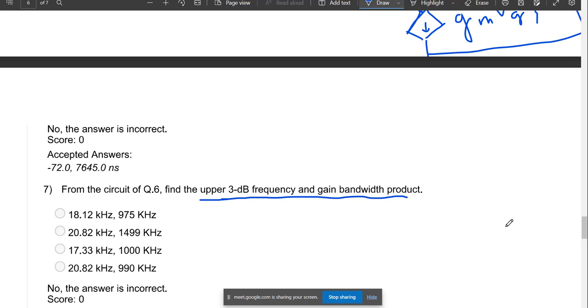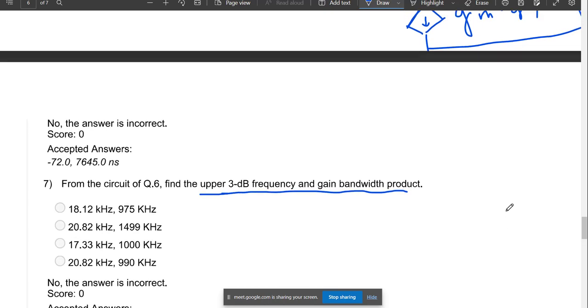Done. What's the answer? My option B. Okay, very good.